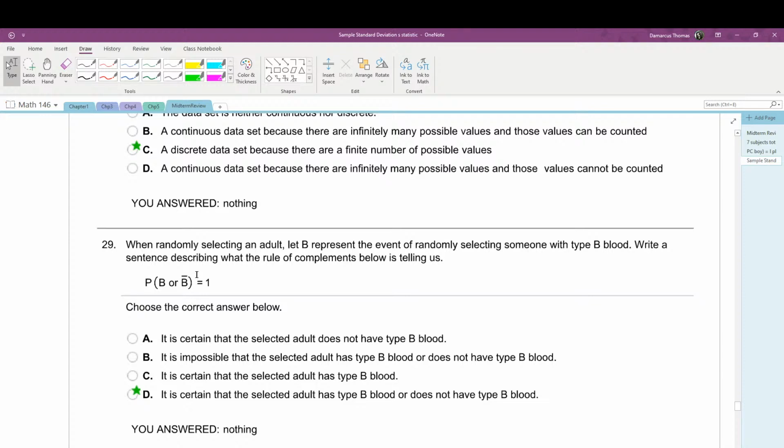Okay. It's true that the probability of an event or its complement is exactly 1. Something is going to happen, for sure. And so we know that is definitely true. This is straight from the textbook.